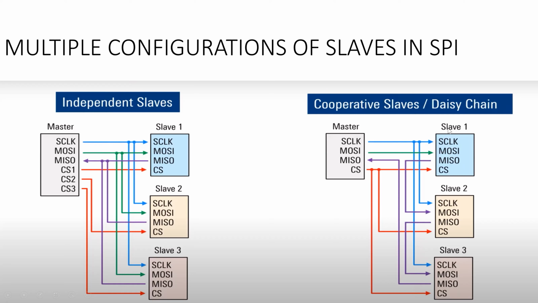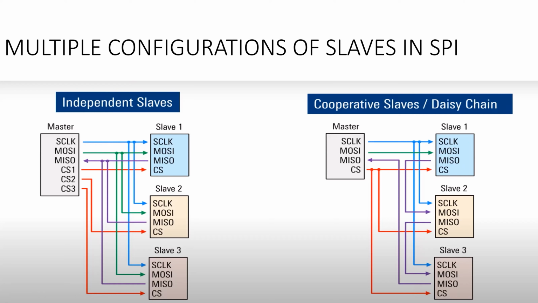But if it wants to send data, it has to send data to slave 2, then from slave 2 to slave 3, and from slave 3 to the master. So there is some kind of understanding between the slaves, so that every slave is involved in the communication, and the data is transferred between the slaves and to the master. This is the way the cooperative slaves and daisy chain process works.